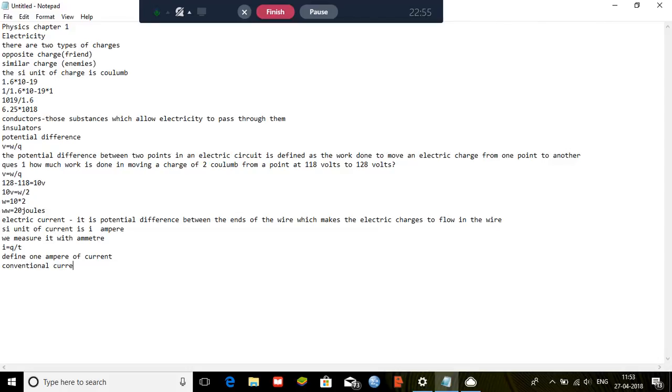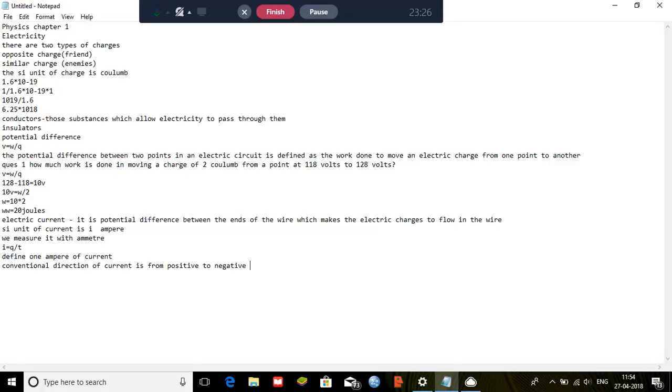The conventional direction of current is from positive to negative. What does it mean actually? The current moves from positive to negative.